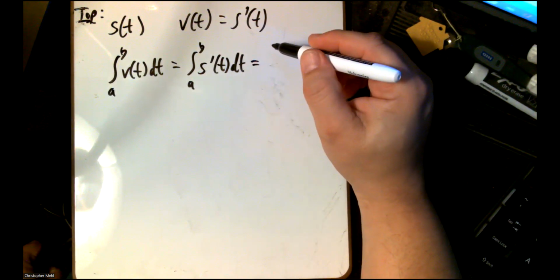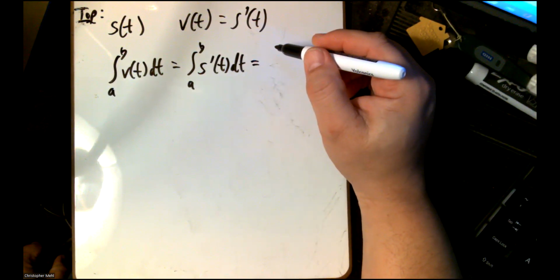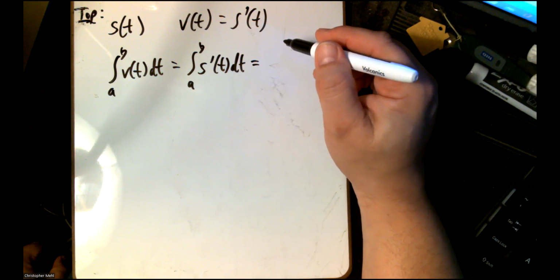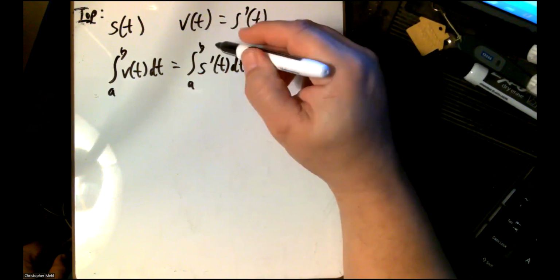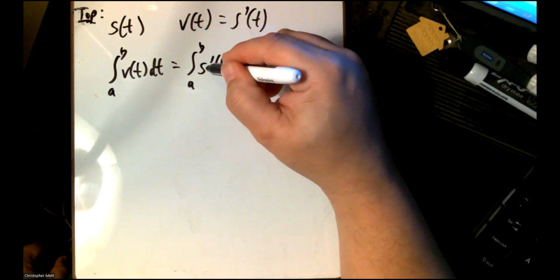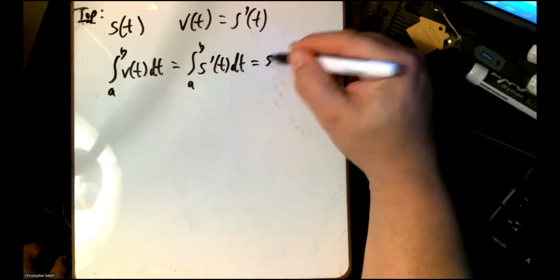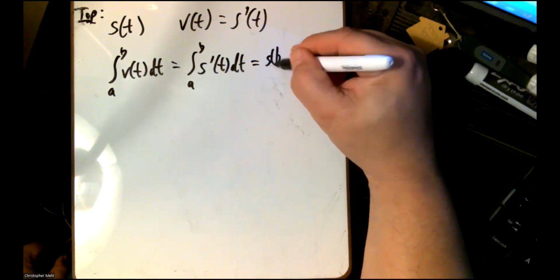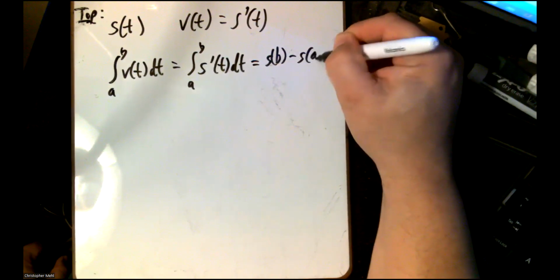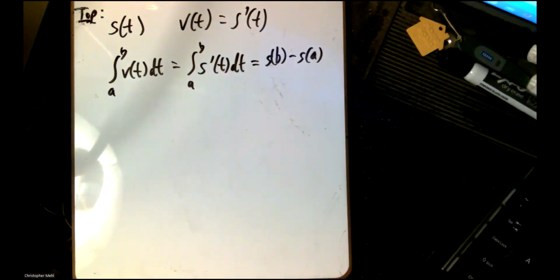And we just saw that since s is an antiderivative, the integral of s prime should just be s, so that would be s at b minus s at a.